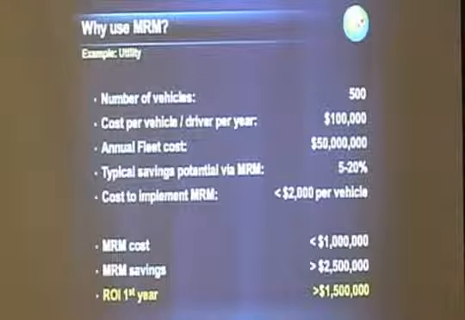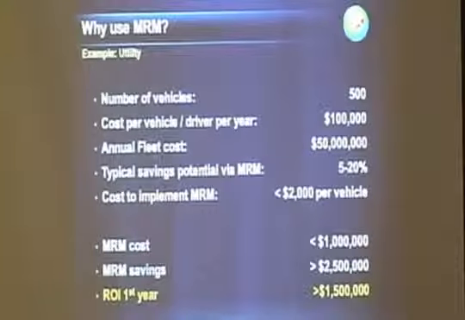That's an average, and it can vary from vehicle type to vehicle type, but it's a good round number to start with. The annual fleet cost of 500 vehicles is $50 million. So any organization with that many vehicles has a huge chunk of cost that has to be accounted for. If I can save just a single percent, that already is hundreds of thousands of dollars.